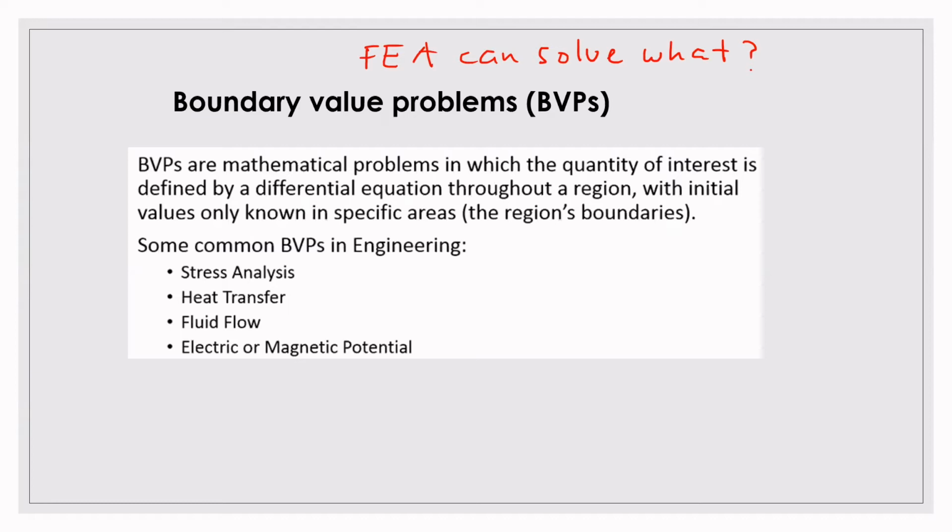A boundary value problem is a mathematical problem in which the quantity of interest is defined by a differential equation that covers it throughout a region. And the quantity of interest is only actually known in specific areas called the region boundary. And we need to use either the differential equation to determine the value of the quantity of interest internally, or some other method.